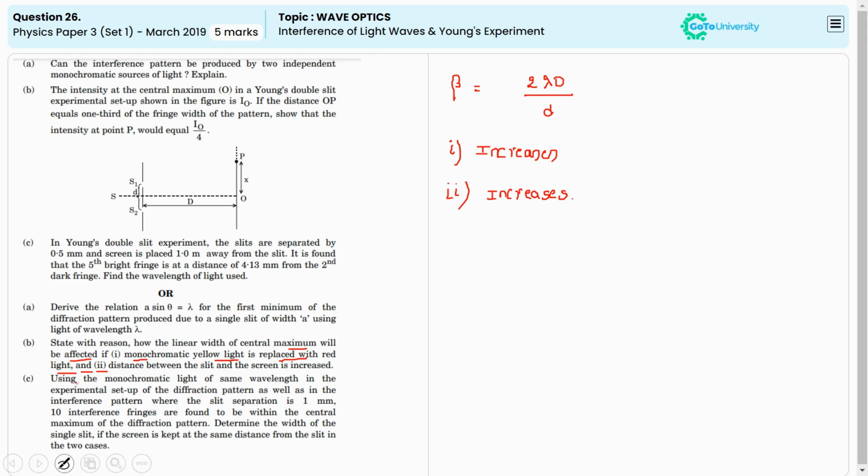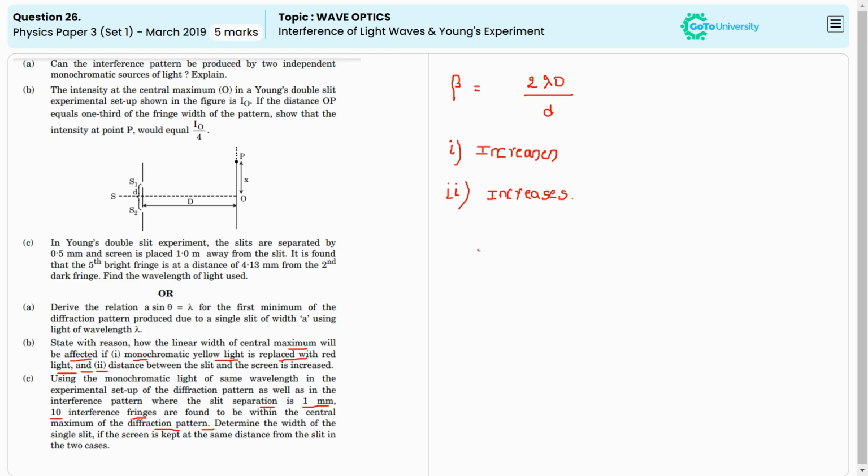And the third condition: using monochromatic light of the same wavelength in the experimental setup of the diffraction pattern as well as in the interference pattern, where the slit separation is 1 mm, 10 interference fringes are found to be within the central maximum of the diffraction pattern. Determine the width of the single slit if the screen is kept at the same distance from the slit in the two cases.